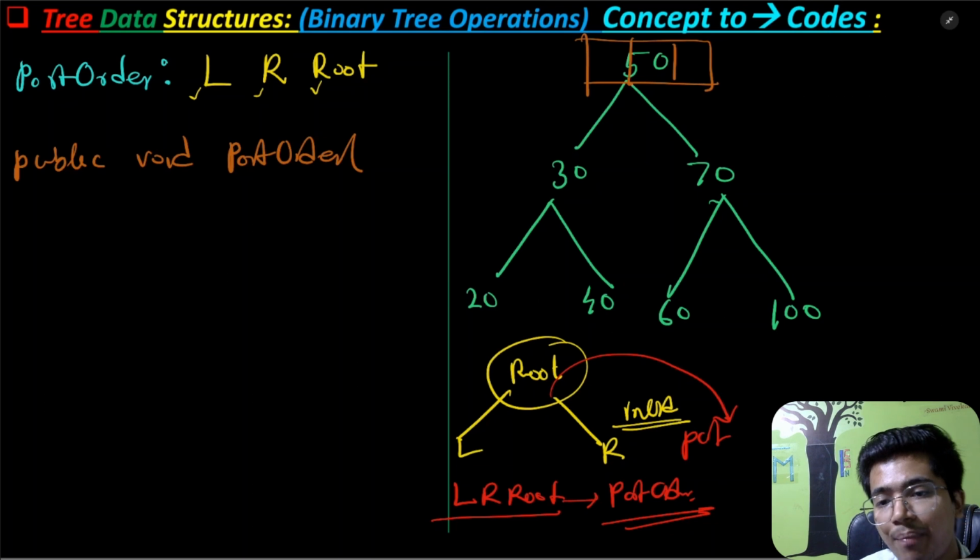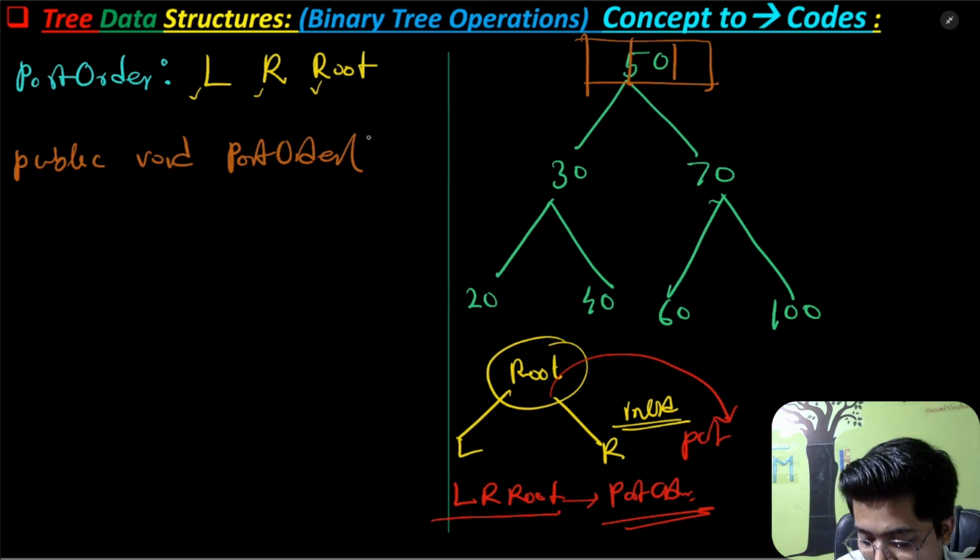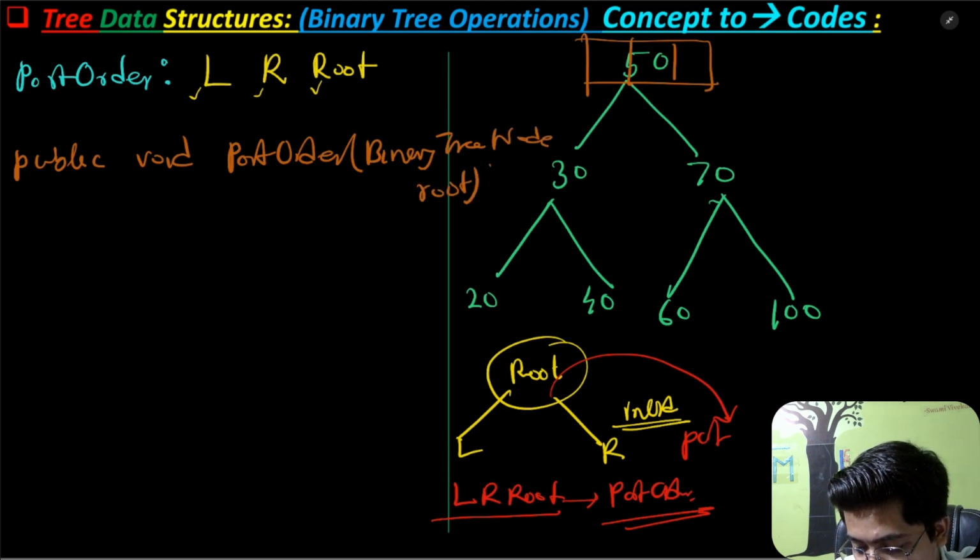This root node is of type BinaryTreeNode, so we pass BinaryTreeNode root.